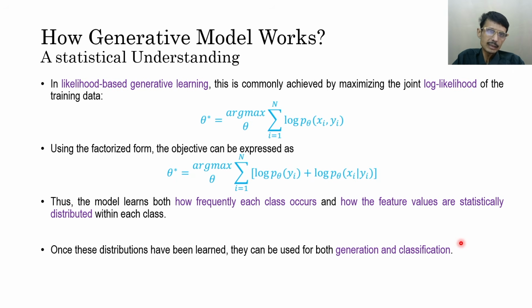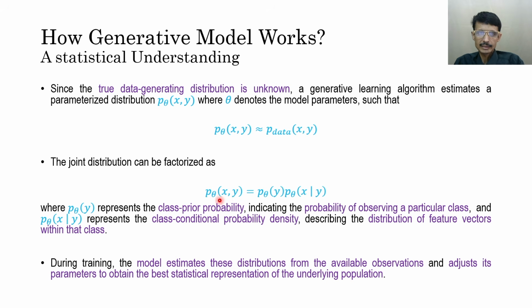So in likelihood based generative learning, this is commonly achieved by maximizing the joint likelihood of the training data. Now, the basic idea is that we try to optimize this p theta (x1, y1) that we have seen here, this p theta (x, y).